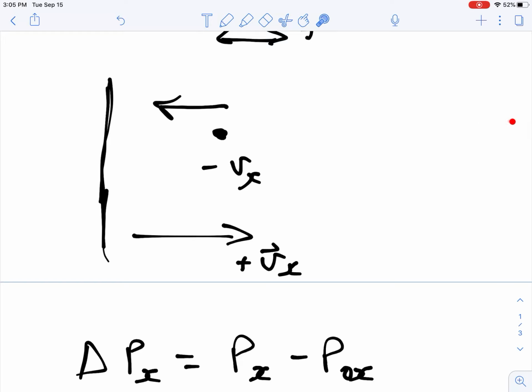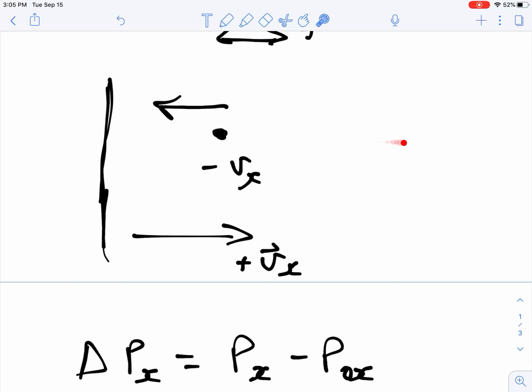And it's going to go this way till it hits the wall over here, and then it's going to come all the way back, and then it's going to collide with the same wall. So we're going to have a force, and then a force, and then a force.